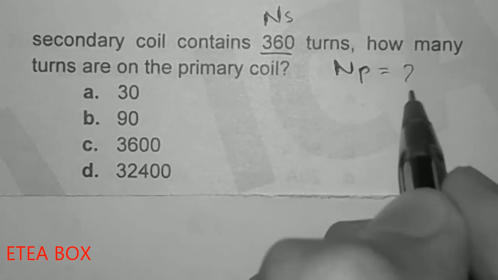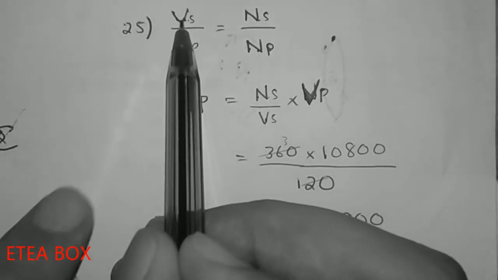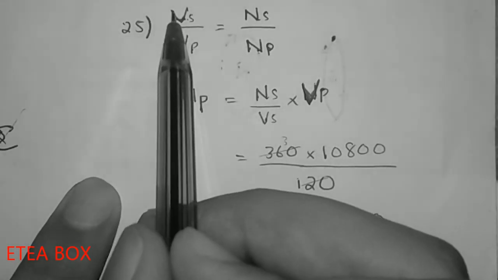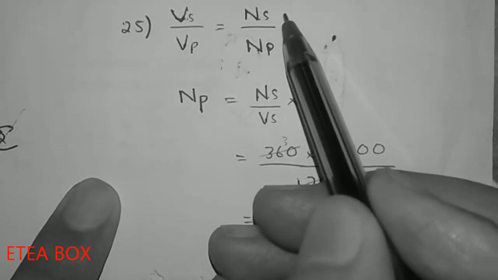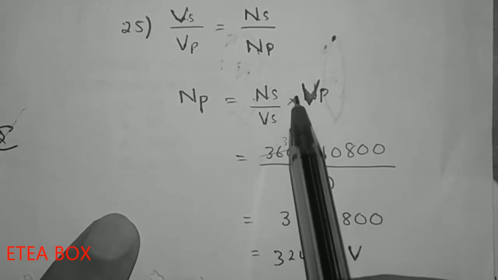The Np is unknown. Now look at the formula, Vs divided by Vp is equal to Ns divided by Np. In order to find the Np, exchange their places. Like Np is here, and bring this Vs here, and bring the Vp here in multiplication. Look, it will be like this: Ns divided by Vs multiplied by Vp.